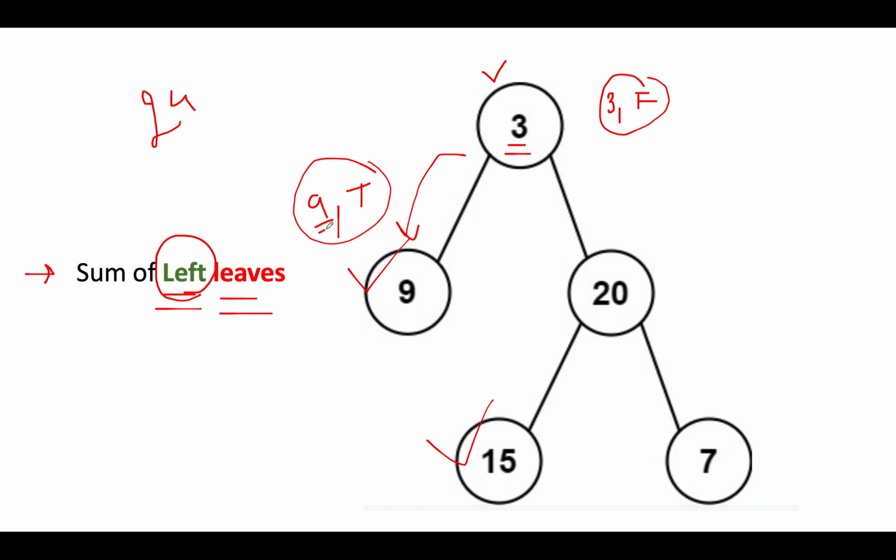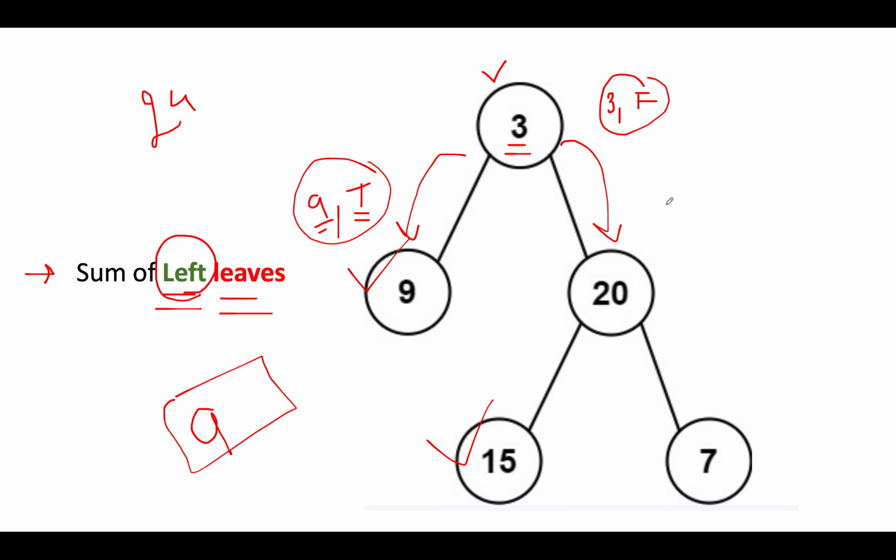We see that this is a leaf node. Leaf node identification is pretty simple and straightforward. We see that the Boolean parameter isLeft child is true here, so we add it to our result. So we can take a global variable and we add 9 to it. 0 plus 9 becomes 9. This becomes the answer.